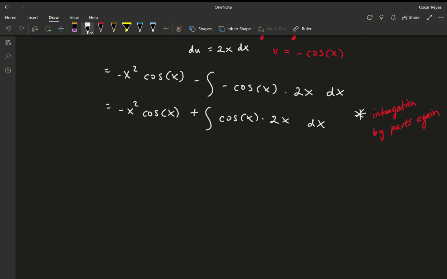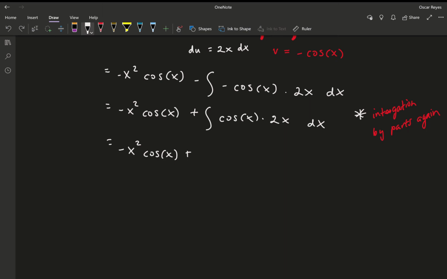So if we bring this whole thing down, we have negative x squared cosine of x plus, well, in this case, which one will we set u equal to, and which one will we set dv equal to? And like I stated earlier, this power went from x squared to x to the 1, or just x. So the exponent went from 2 to 1, so it decreased.